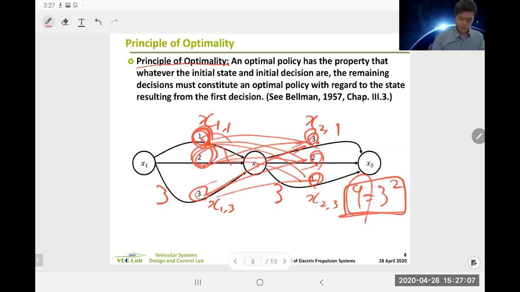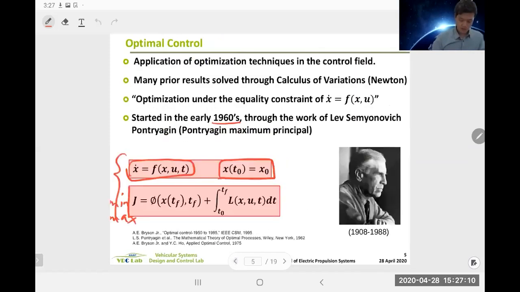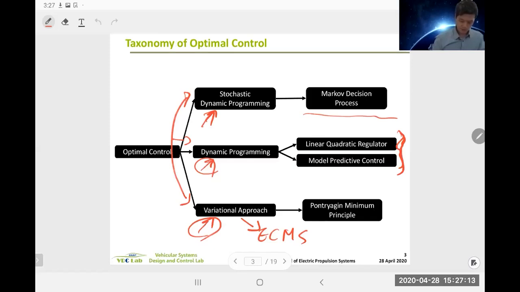So if you go back, the main difference between DP and the variational approach is that DP is enumeration. But the variational approach does not guarantee global optimality. This guarantees a local optimal solution.